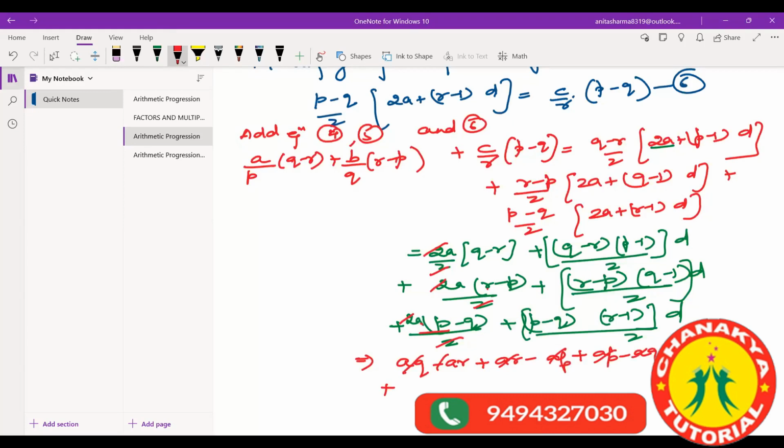Now, beta, I am taking D common from all these three terms. So multiply P into Q: PQ minus Q minus RP plus R. Now come to this: plus QR minus R minus PQ plus P. Now last is plus PR minus P minus QR plus Q, into D. I have already written.